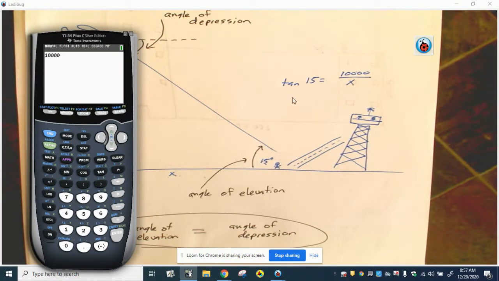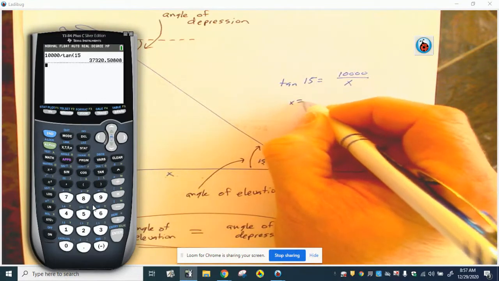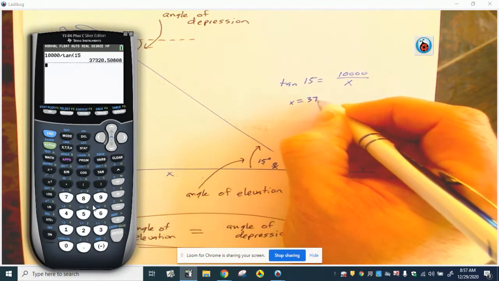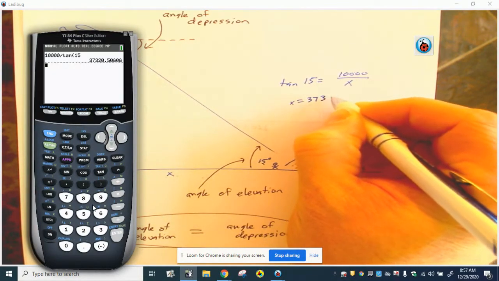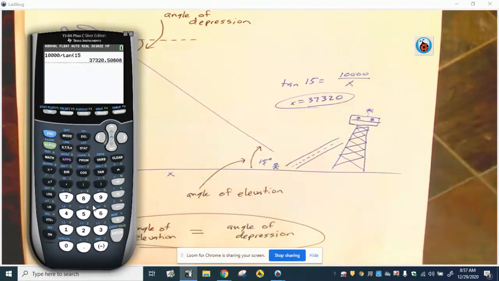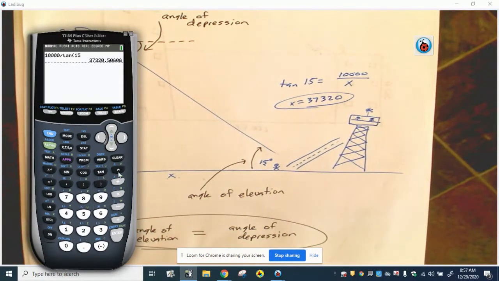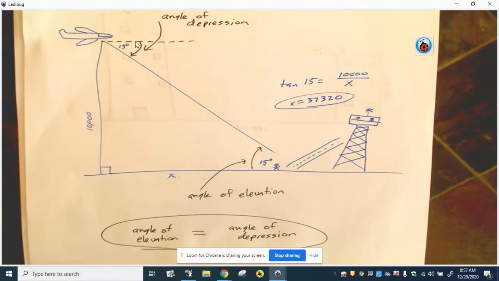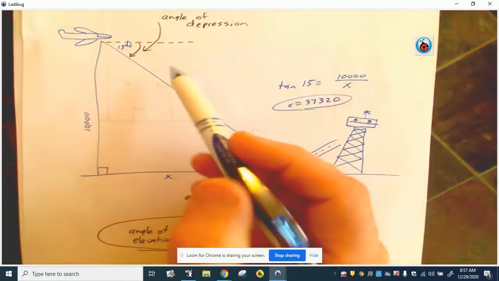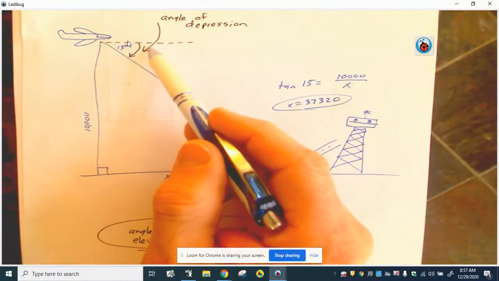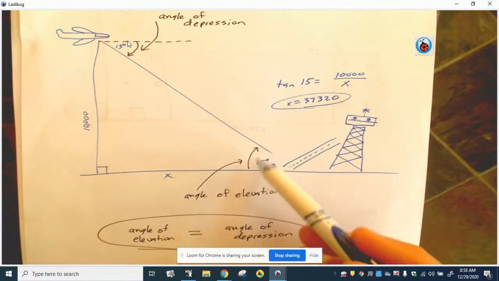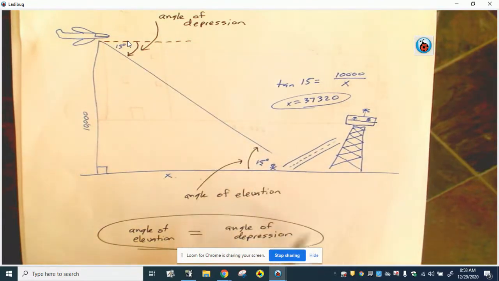So I would do 10,000 divided by the tangent of 15 in this case, and your answer would be 37,000 feet, okay? All right, so here's a very basic example, but the biggest thing is making sure you understand what an angle of depression is versus what an angle of elevation is, okay?